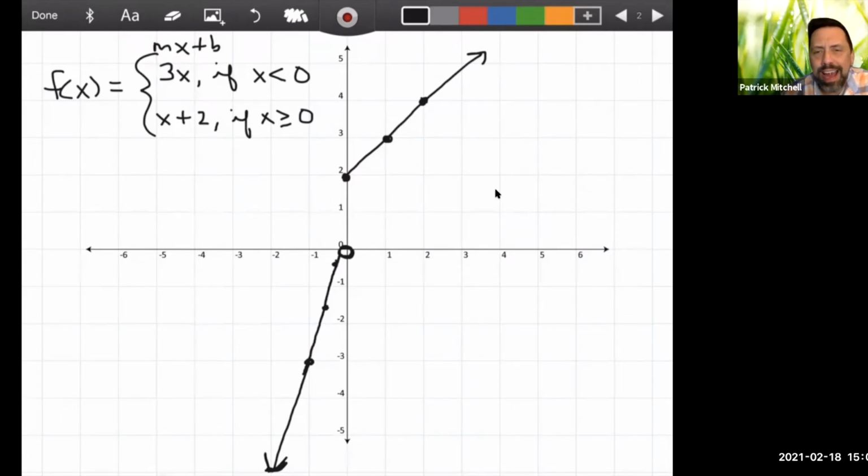All right. In calculus, we call this kind of situation a jump discontinuity. It's called a discontinuity because it's discontinuous. There's a break in the graph and it jumps. It jumps from the bottom line to the top line.